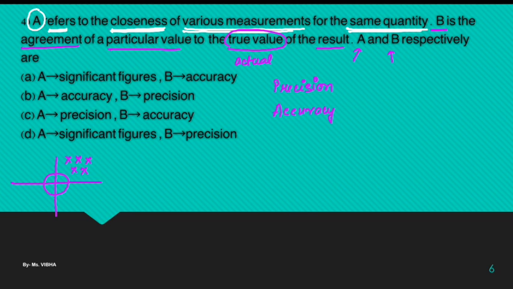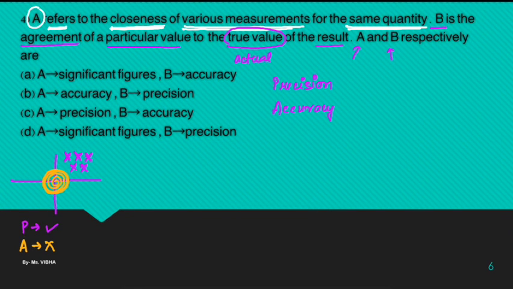So you can see that all the values are coming very close to each other. That means if the values are coming very close to each other, अपने आसपास आ रही हैं, तो ये क्या हुआ? This person is precise, but it is not coming to this target, this area. So this person is not accurate.